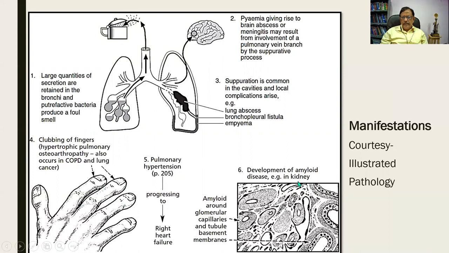Other organs, particularly the kidney, will show amyloid deposition in the peritubular region in the interstitium. Let us recollect very fast: stasis, spread of infection, copious sputum, then meningitis or encephalitis, lung abscess, empyema thoracis, clubbing of the digits, and amyloid in distant organs.